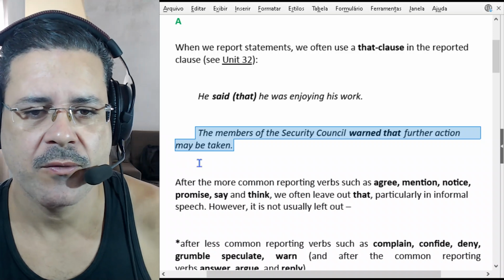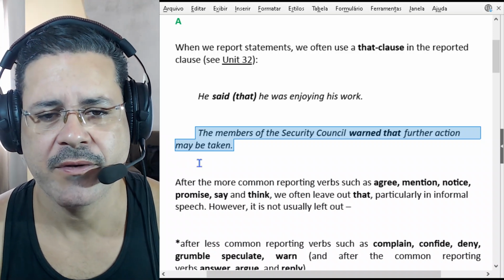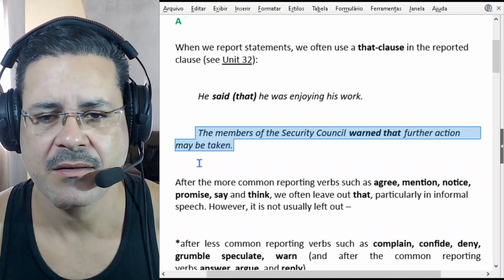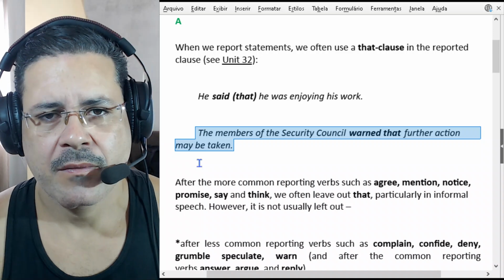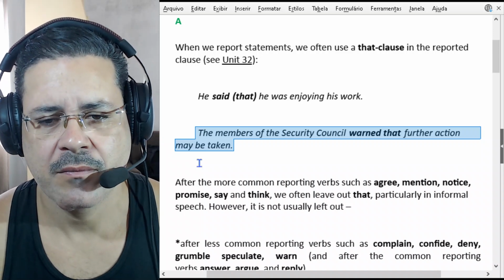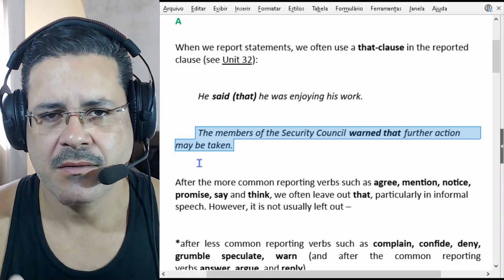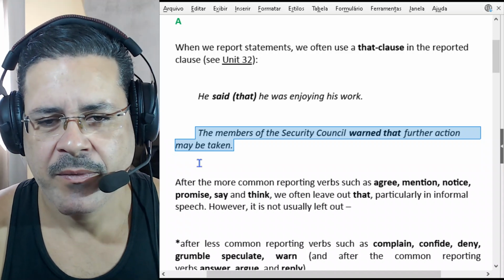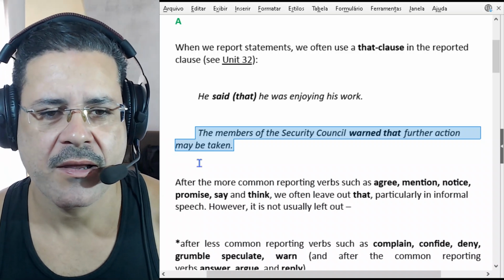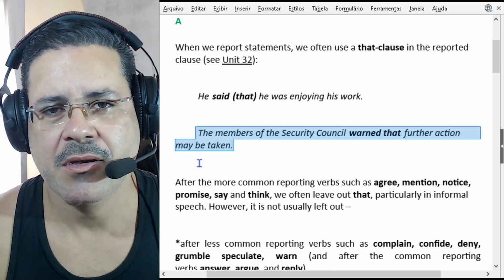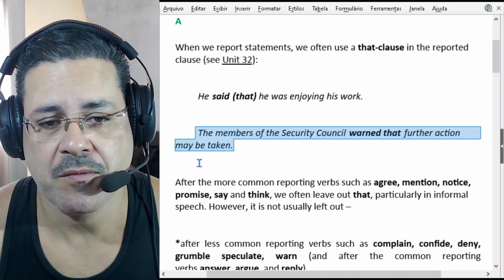So, for example, if you asked someone of the Security Council about a certain problem, that person might answer, and reporting that, you might say he was like, the members of the Security Council warned that further action may be taken.